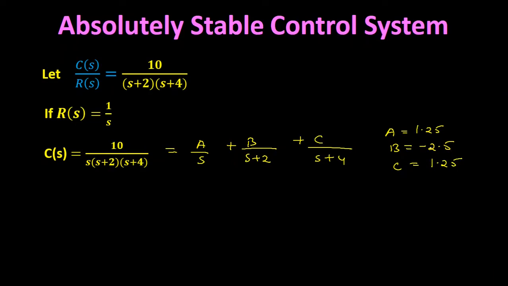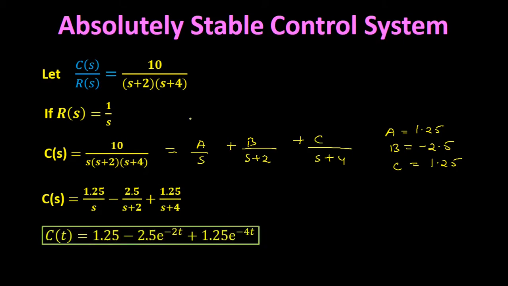So when we put the values of A, B, C in this equation, we will get C(s) equal to 1.25/s minus 2.5/(s+2) plus 1.25/(s+4). Now we will take inverse Laplace transform of this equation. So this is the output response we are getting here.